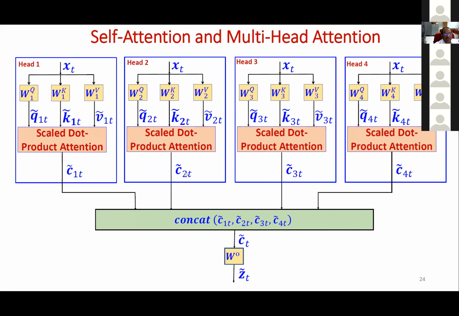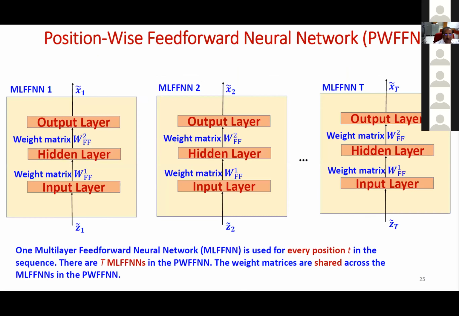Once we obtain the context vectors using the different heads, in this case 4, I put all of them together to generate the total context vector that represents this xt. Then we perform another transformation to obtain zt. And these zt are put together for all the elements of the sequence to generate the output sequence. So what we have done is go through one type of transformation using multiple heads and generate a new sequence.